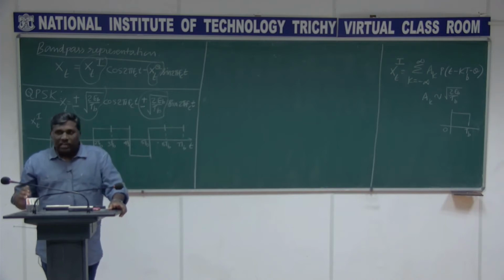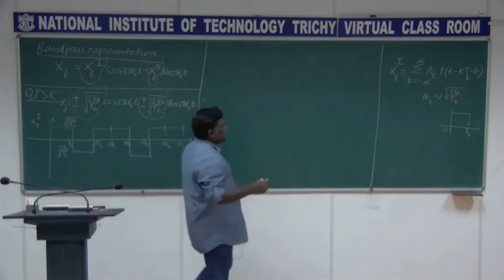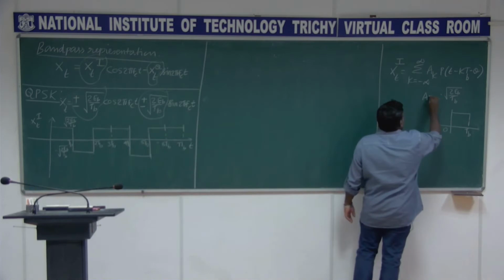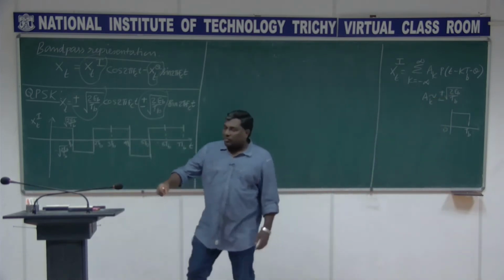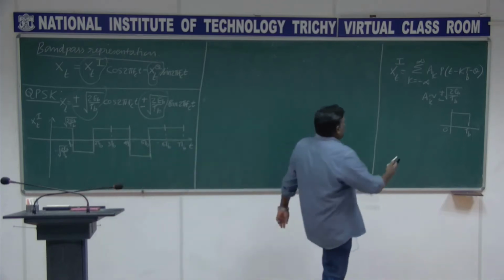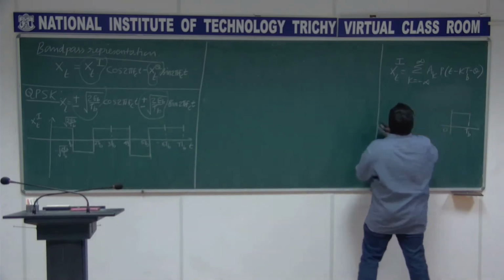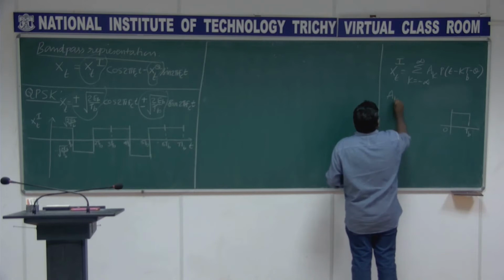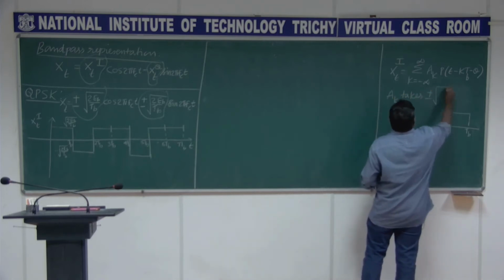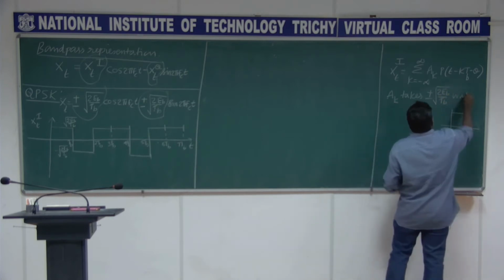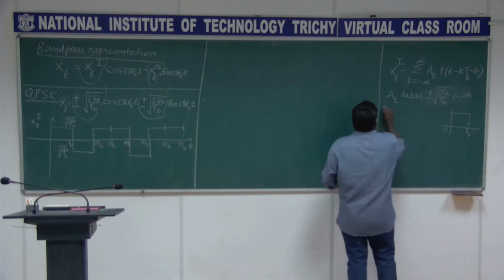This is what exactly it means, x_I(t). The a_k are discrete, right. It takes either plus or minus root Eb, or I will put it like this, right. It is uniformly distributed, so I write it like this. a_k takes plus or minus root 2 Eb by Tb with some predefined probability.